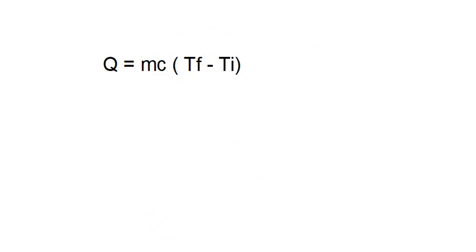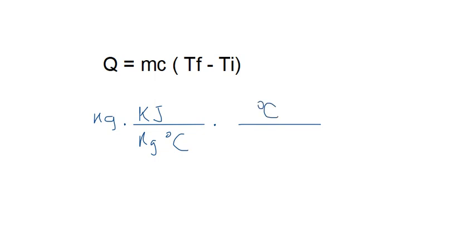Just to show you how the units cancel out in unit analysis, it's going to be mass in kilograms, specific heat capacity is kilojoules per kilogram degrees Celsius, times temperature change, which is in degrees Celsius. So Celsius cancels out, kilograms cancels out, leaving us with kJ as our heat unit.